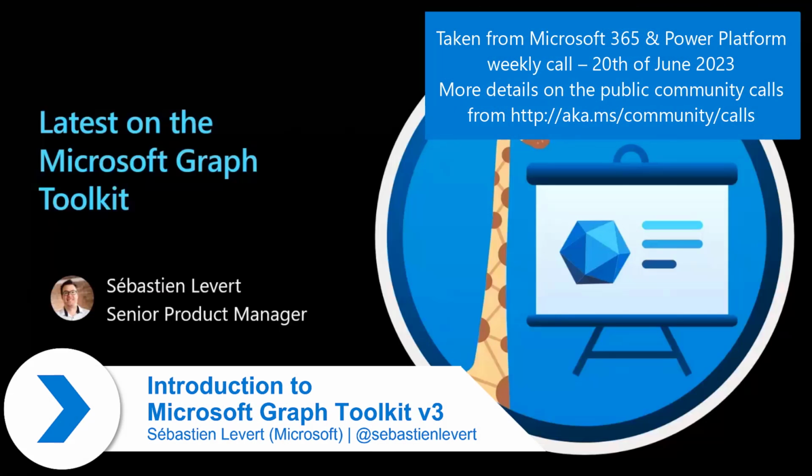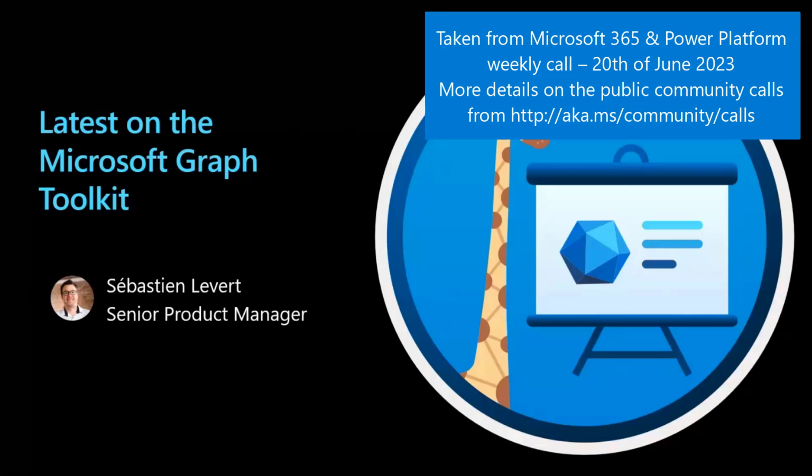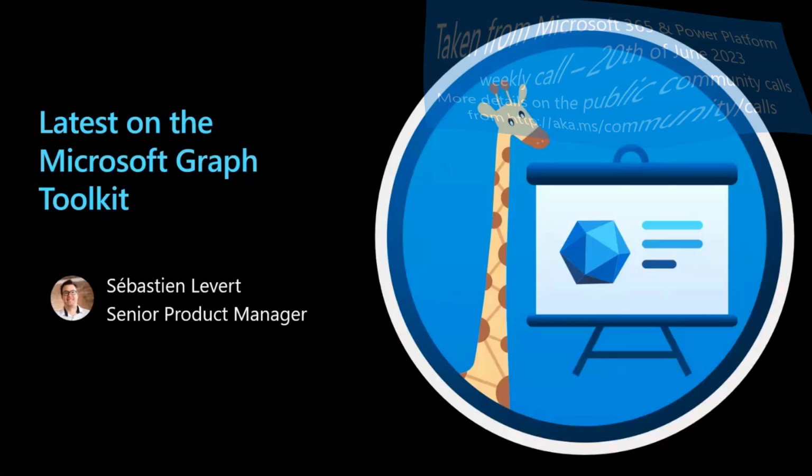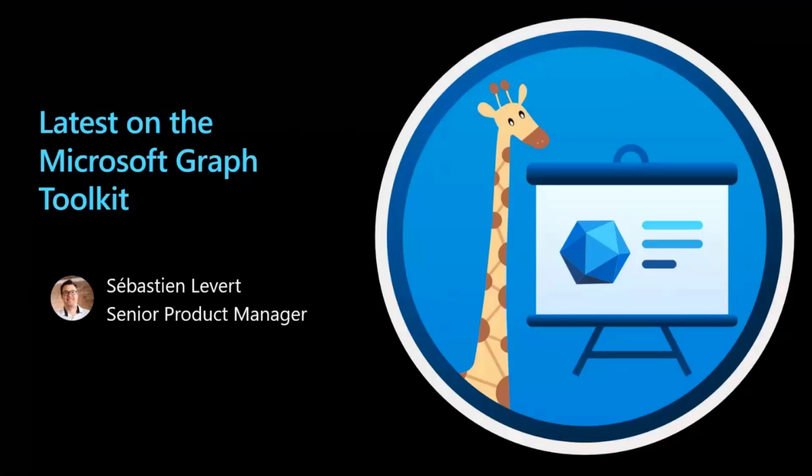When I first started to join these community calls, talking about the Graph Toolkit, that was at least 18 months ago, where we did an overview tour of all the components, and we discussed afterwards what was going to be next, and we had some sessions around the roadmap.